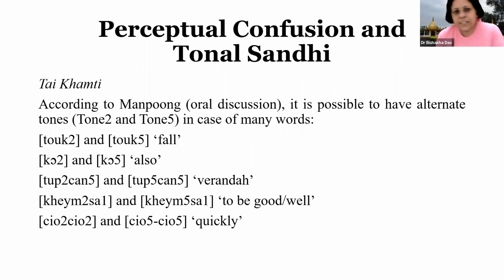So if you yourself try, you will see that sometimes it is actually perceived as a falling tone, tok. And so also the second word, ko. Sometimes it is perceived as a low tone and sometimes as a falling tone, which means also.